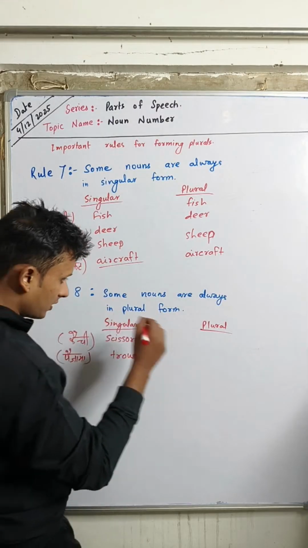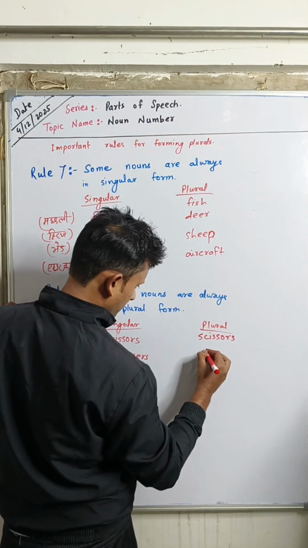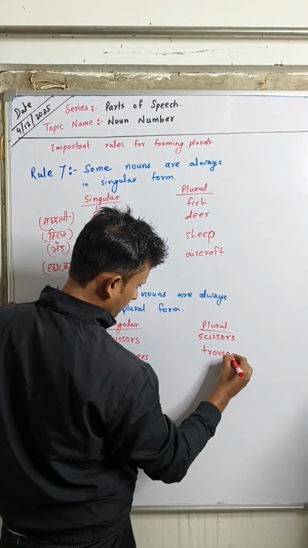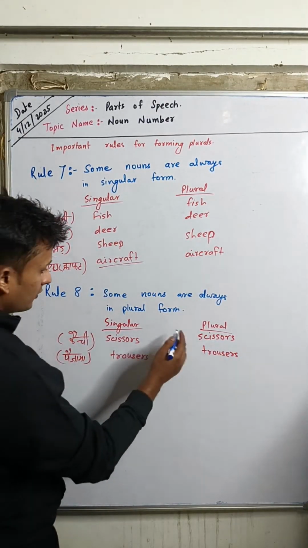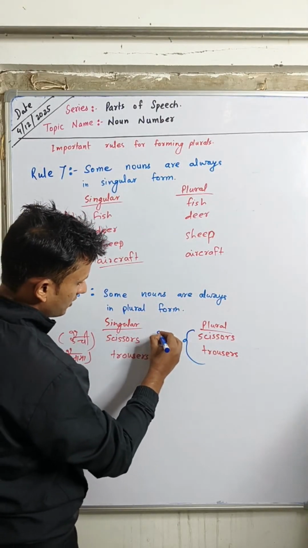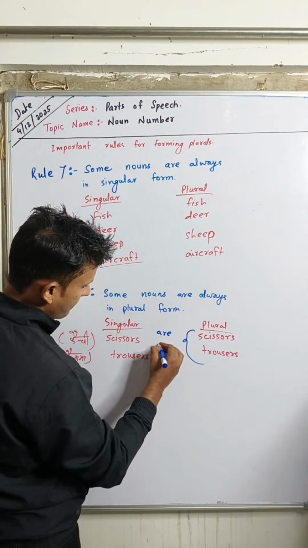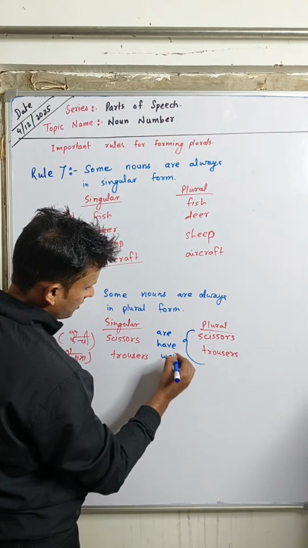One important thing, as you can see, these are always in plural forms. The verbs that we use with such nouns are have, and in past, were.